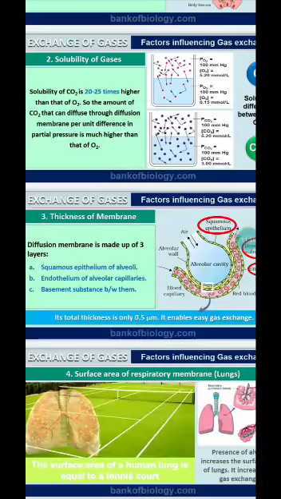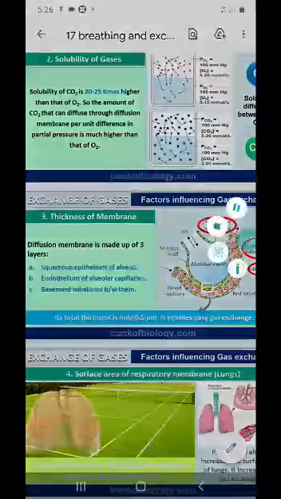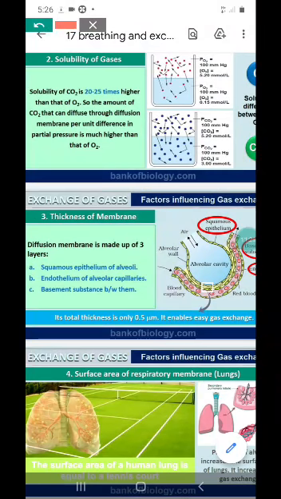See, this figure shows the diffusing membrane, which is very, very important. The gases have to diffuse between the alveolar membrane and the blood. How many membranes does it have to pass through?